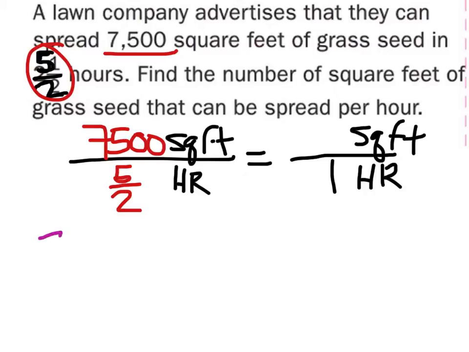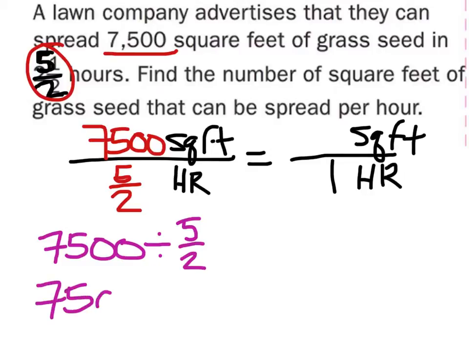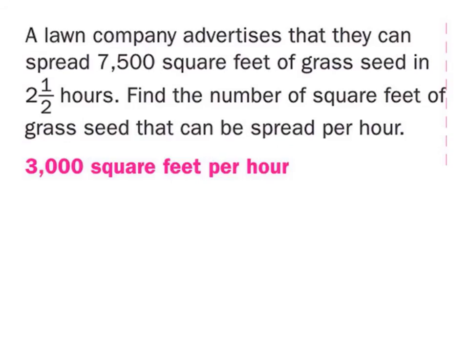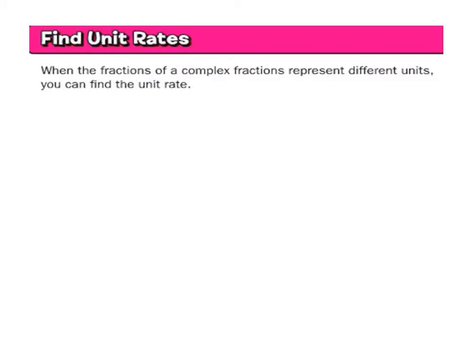So, as it turns out, you've got 7,500 divided by 5 halves, which really is 7,500 times 2 fifths, which equals 3,000. That is correct. It's 3,000 square feet per hour. These are unit rates. That is correct.